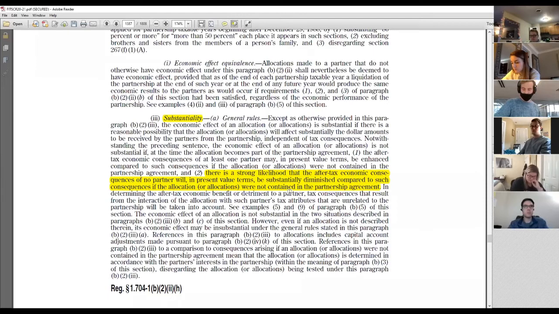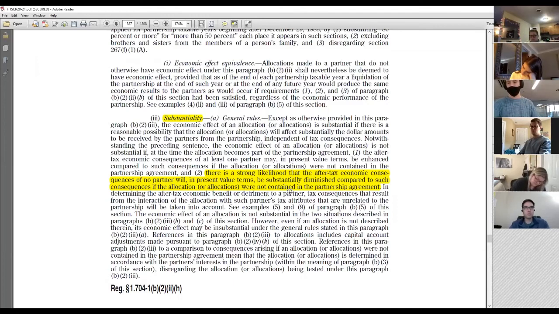A corporate partner example, where a corporate partner with an individual partner, and we gave the ordinary income to the corporate partner and the capital gain to the individual partner, the corporate partner wasn't worse off because converting capital gain to ordinary income didn't hurt that partner because there was no capital gains preference for corporations.